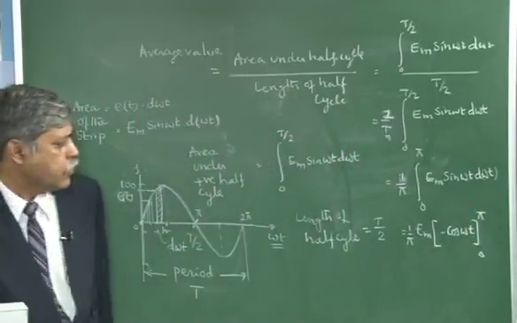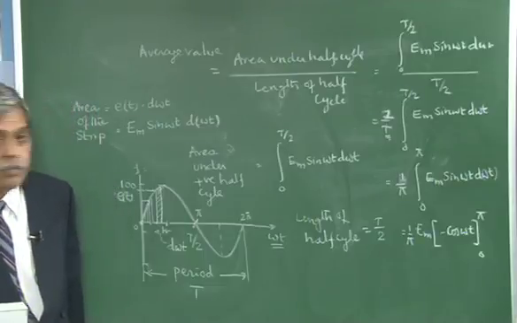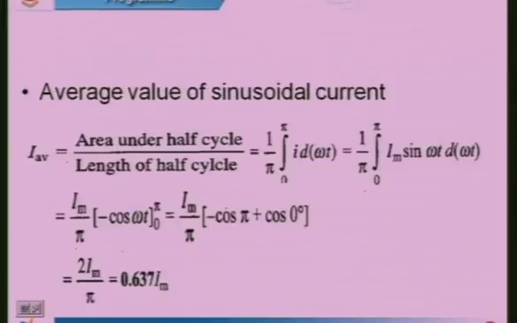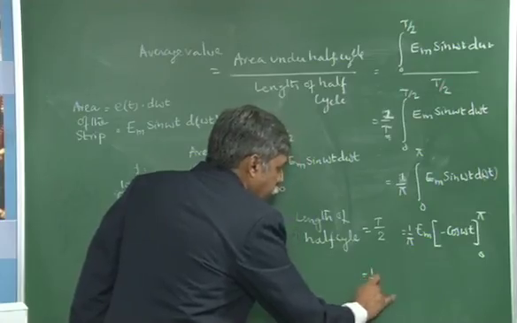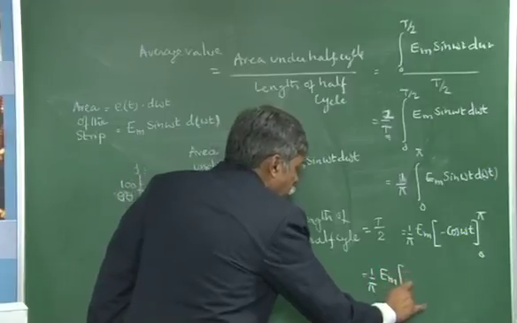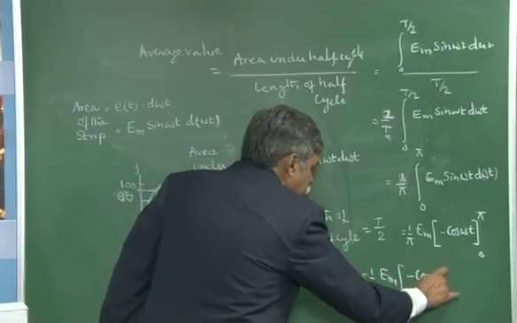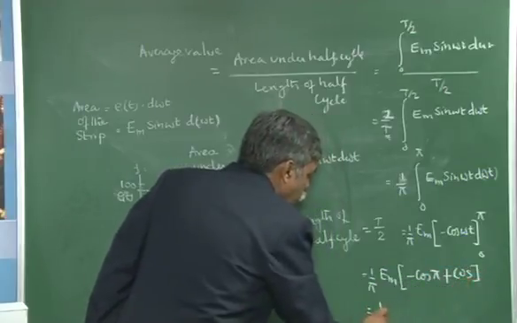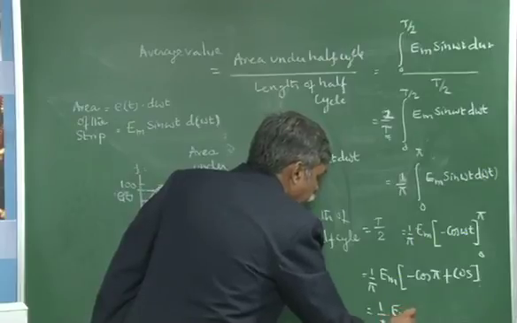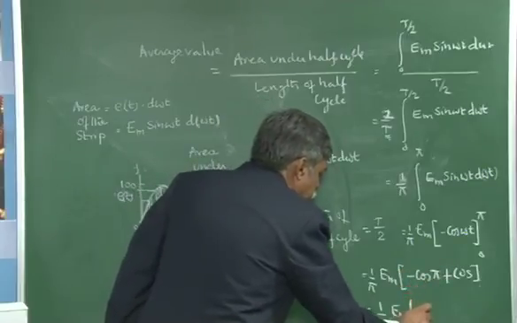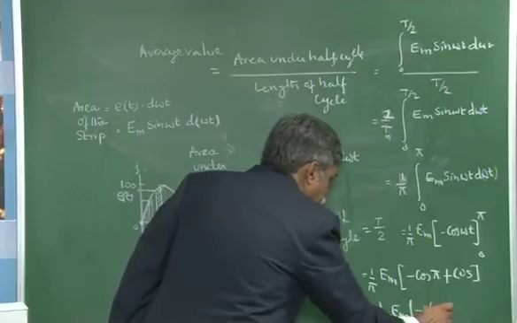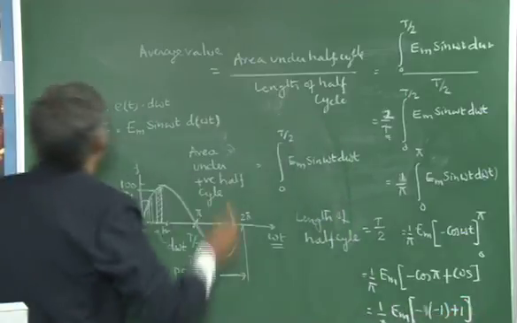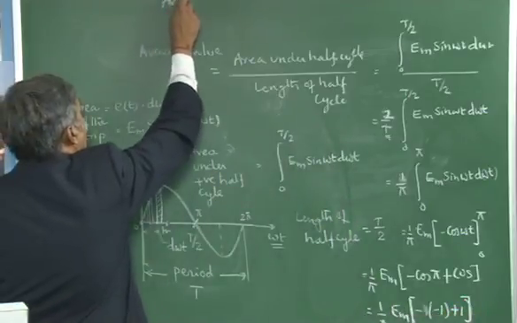Putting in the limits, I get 1/pi Em times minus cos pi plus cos 0, which is 1/pi Em times minus of minus 1 plus 1.